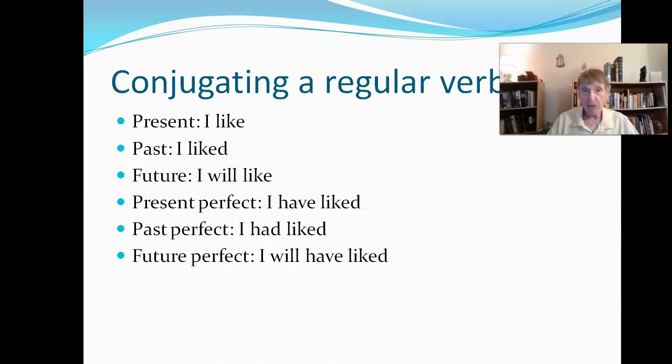Okay, all the simple tenses, very easy. Present perfect is have or has plus the past principal part, which is liked. Past perfect, the past of have, which is had. And the future perfect, the future of have, which is will have.